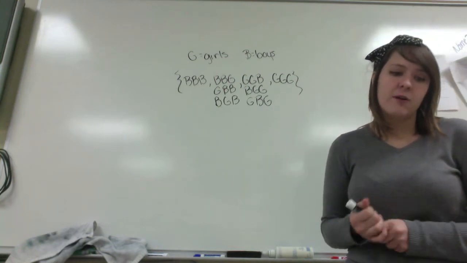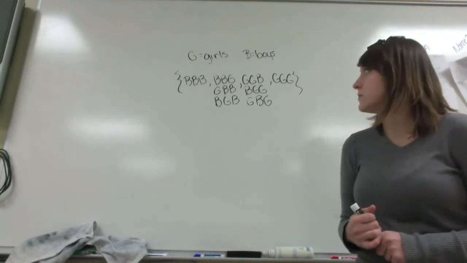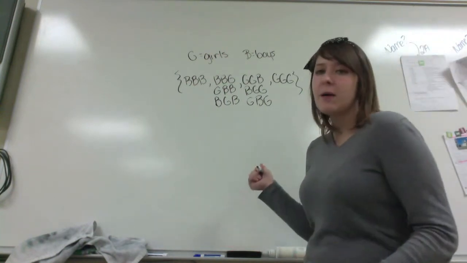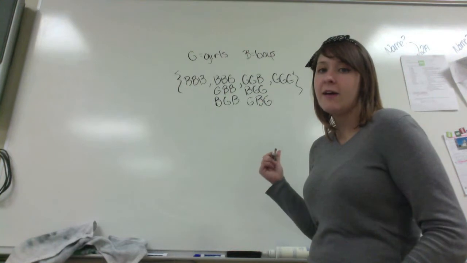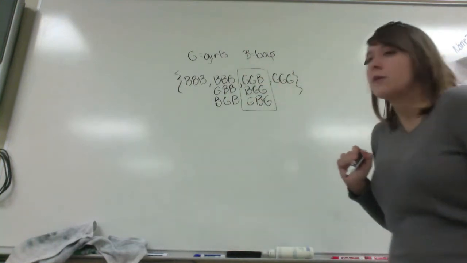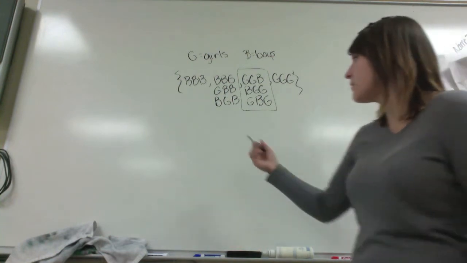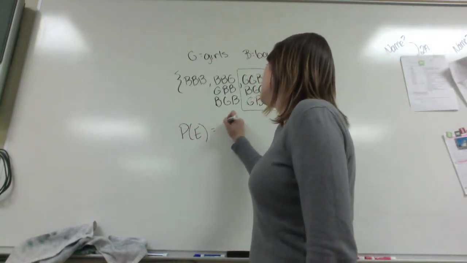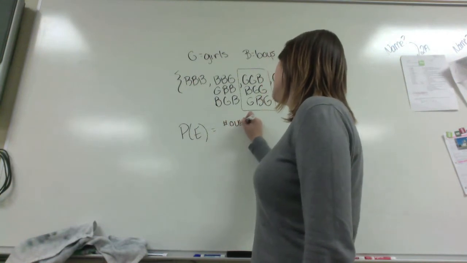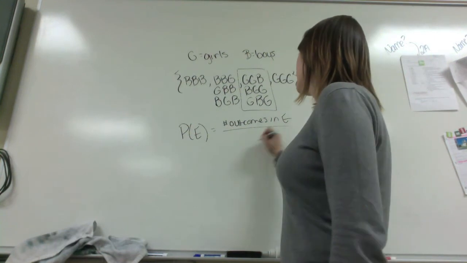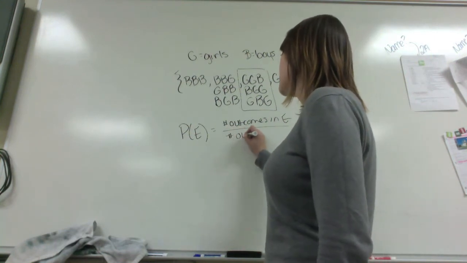I want to figure out the likelihood of getting 2 girls, so I'm going to circle all of my possible situations where I have 2 girls. Remember that the probability of an event is the number of outcomes in the event over the number of outcomes in the sample space.